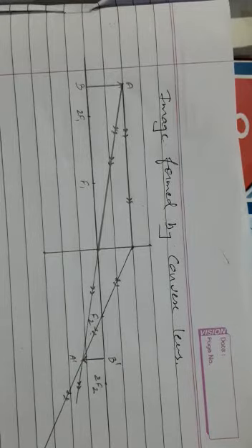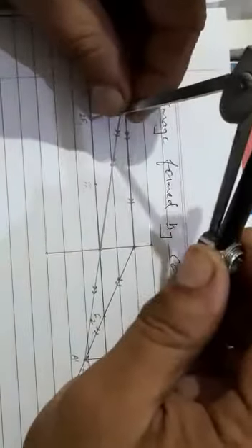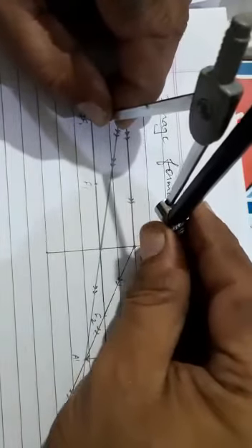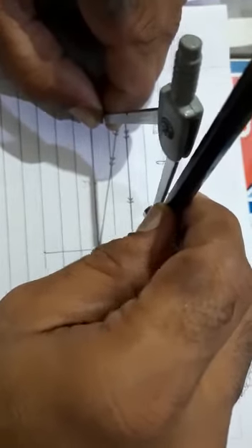One more thing which is left out is to draw the lens. Put a compass on the focal point and make it touch here, so that we get a half round on this side.